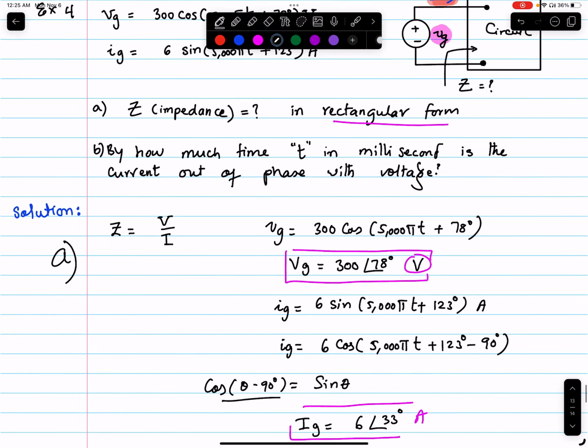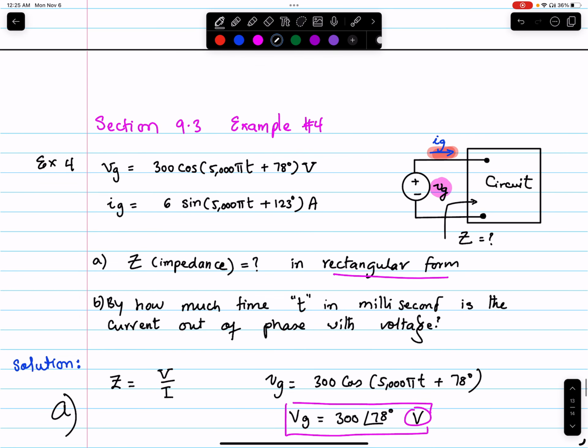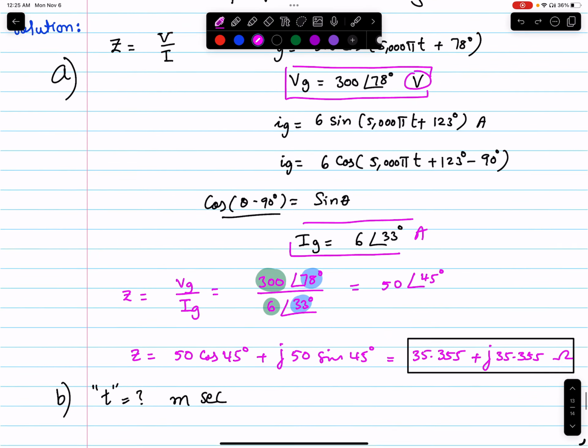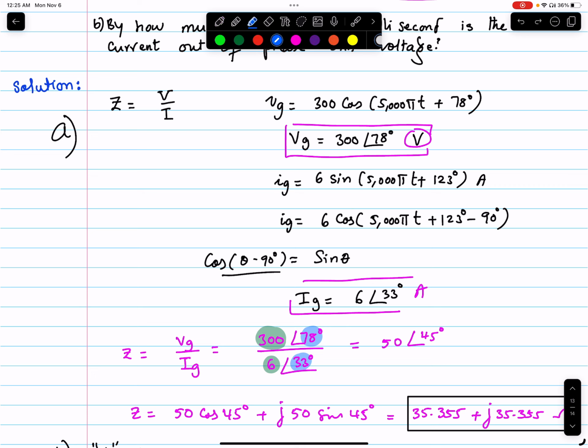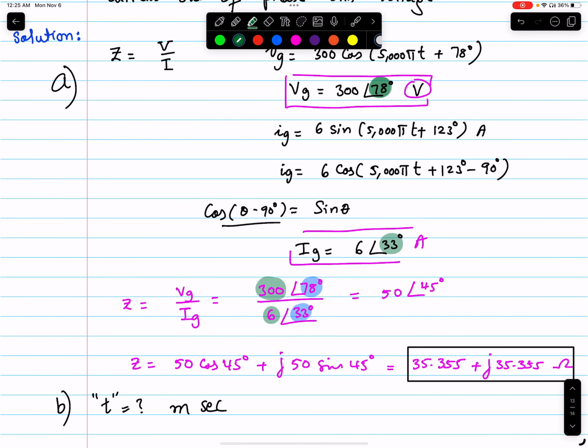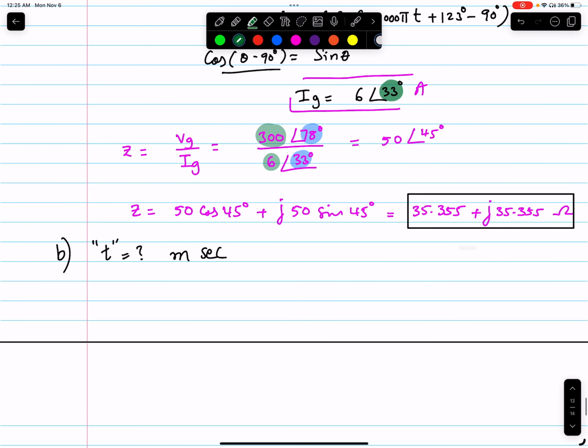Remember this. The phase angle of the voltage is 78 degrees. The phase angle of the current is 33 degrees.